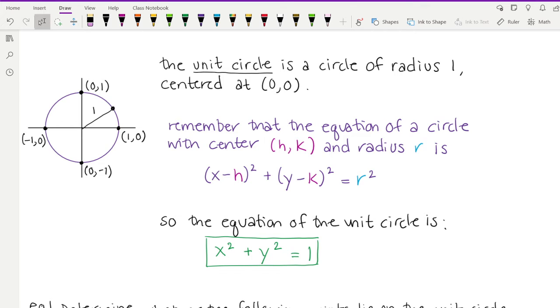How do you use that point to test whether it lies on the graph or not? You plug it into the equation, right? Any point that lies on a graph must satisfy the equation of that graph. That's the definition of the equation of a graph.